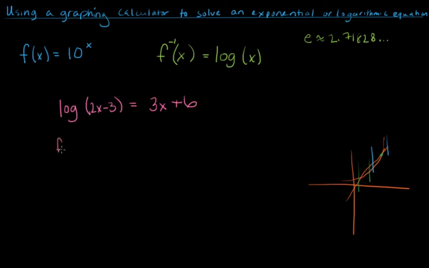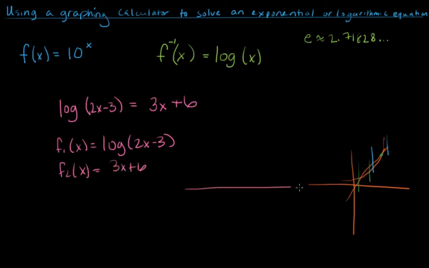Then you would do f1 of x is equal to log 2x minus 3, and f2 of x equals 3x plus 6. Again, it's going to graph those. The logarithmic equation is going to look something like this, and the other line is going to look something like this. Then you'll again use those upper and lower bounds and the button called intersect to find those intersections, and that tells you where these two equations are equal, which is exactly what you wanted.